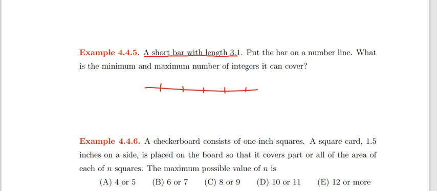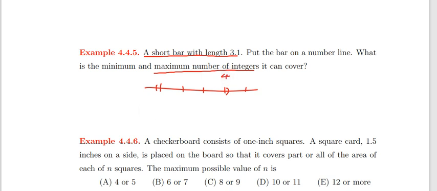So let's check the max number of integers. Okay, so because the length is a little bit more than 3, 1, 2, 3, it could be from this point to this point, right? So the maximum number of integers it can cover is 4.